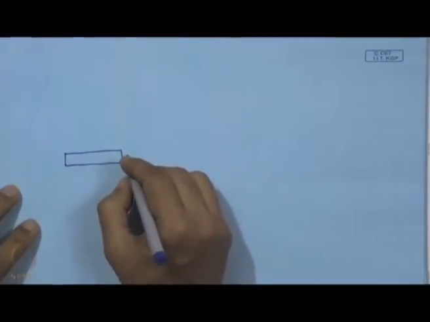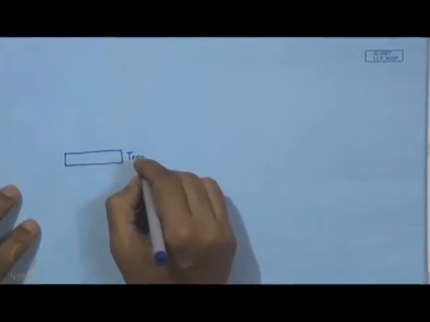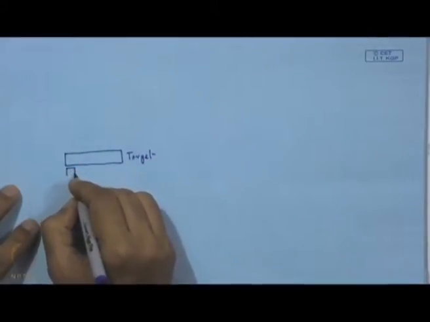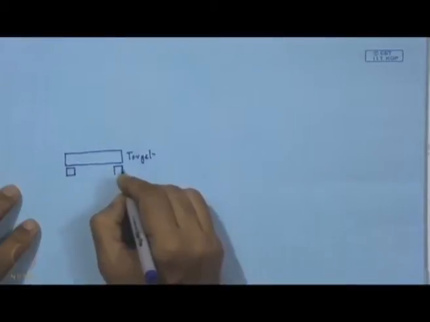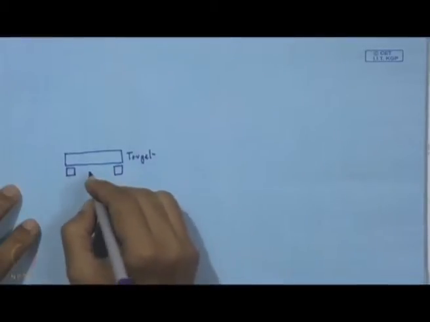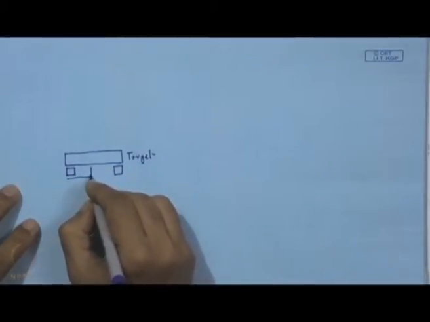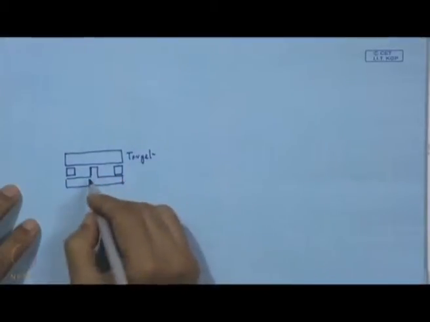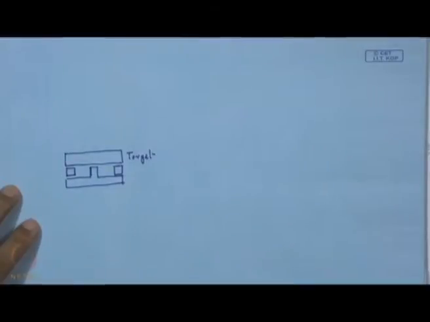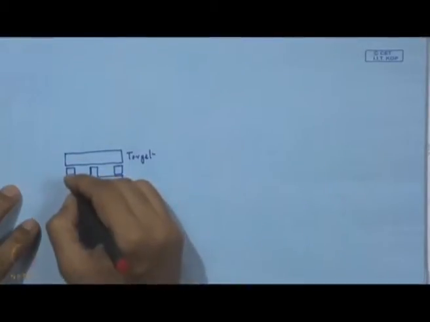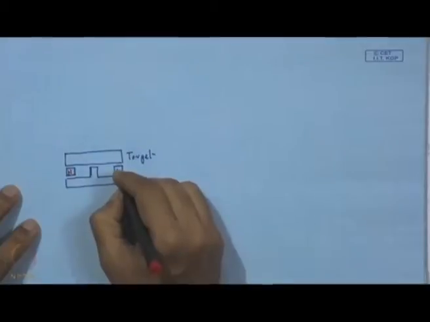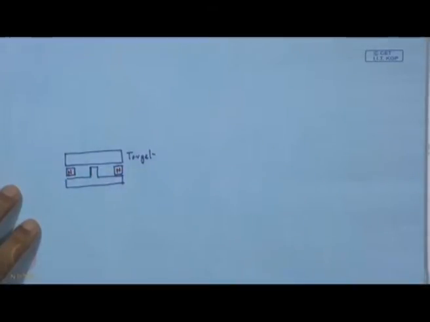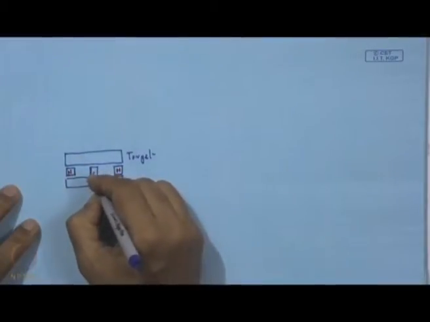So, this is actually the target or the cathode, and behind this we have two magnets. This is the ring magnet, the peripheral one, and that is the central magnet, which has the south pole.